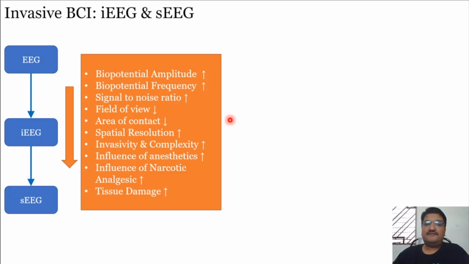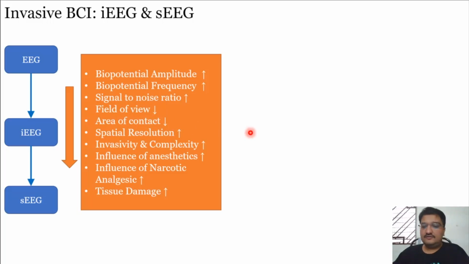Further, when I talk about field of view, or electrode design, there should be a defined area of contact. An electrode is nothing but a metal body which allows the biopotential, the neural response from your brain, to be transmitted to the signal conditioning unit.